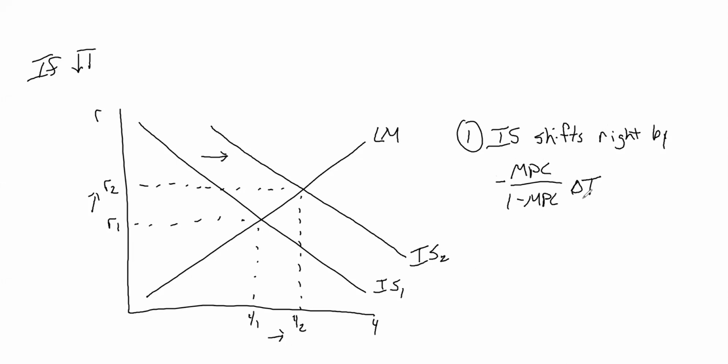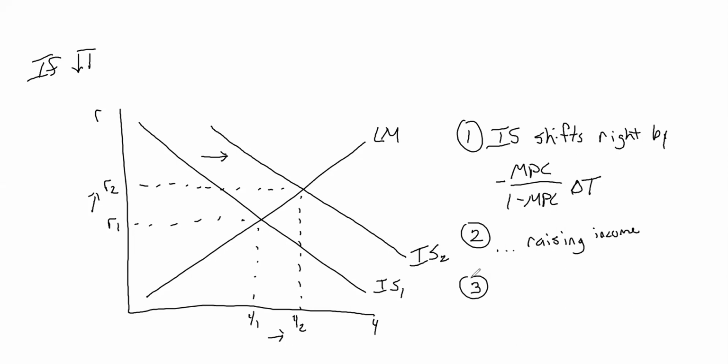And so when we cut taxes, delta T is going to be negative and the IS will shift to the right. And when that happens, we still raise income, just like we saw with government spending and just like we saw in chapter 11. But when people spend more, they're going to have to hold more money to do that.